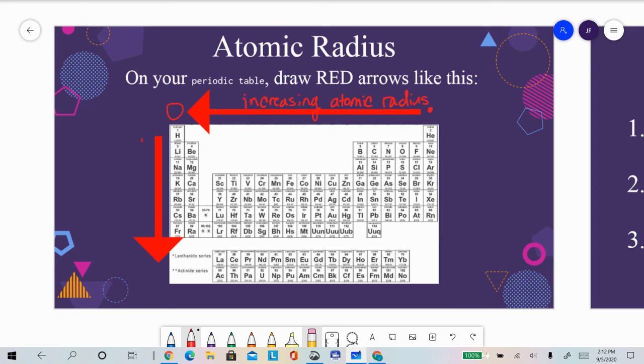And then it's small up here and it's bigger down here, and also put increasing atomic radius. I wouldn't make them as big as they are on this picture because you're going to end up putting 3 total arrows on the top and 3 total arrows on the side for all of the trends that you're going to be looking at over the next couple lessons.